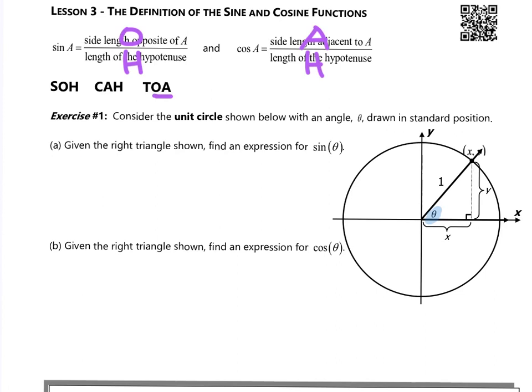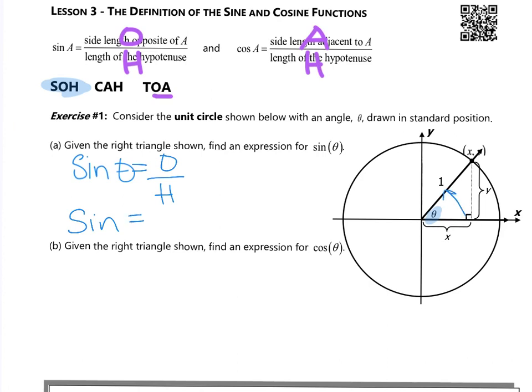So if we want to find the sine of theta, the sine is opposite over hypotenuse. So opposite over hypotenuse, okay? And if I look, the hypotenuse is 1.